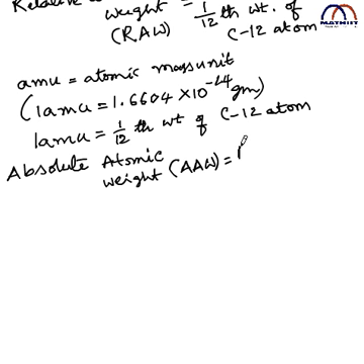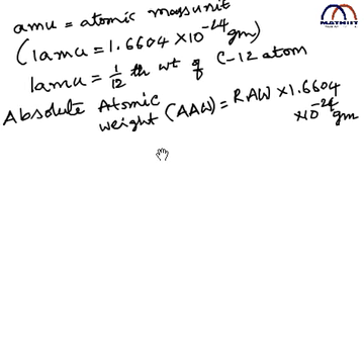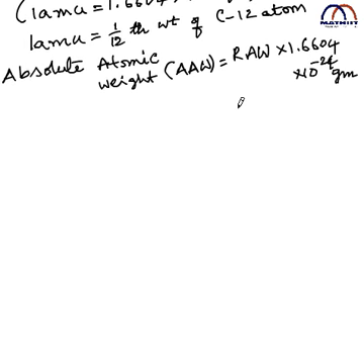Whatever relative atomic weight I have in AMUs, I convert into grams by multiplying with 1.6604 into 10 to the power of minus 24 grams. So what is the difference between them? Absolute atomic weight is the weight of one single atom expressed in grams, whereas relative atomic weight is the weight of one single atom expressed in AMUs, or atomic mass units.